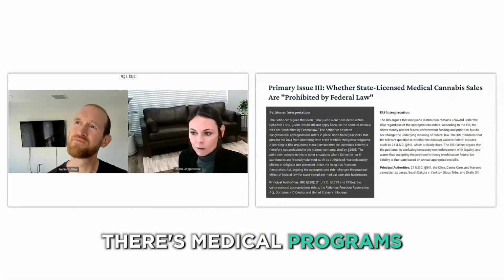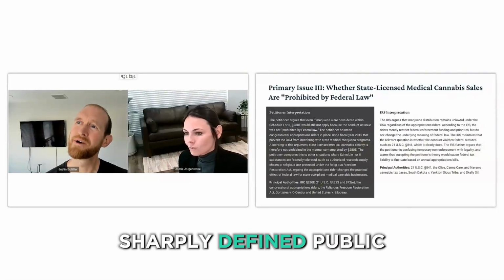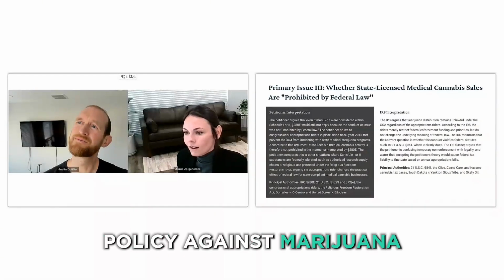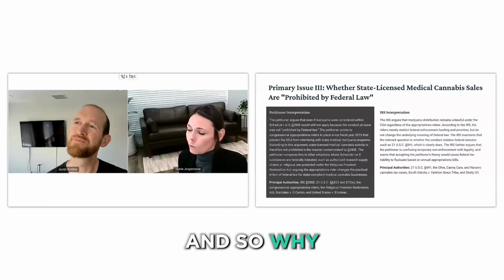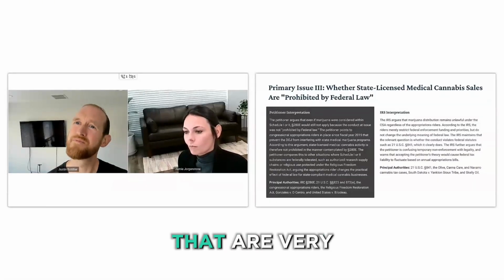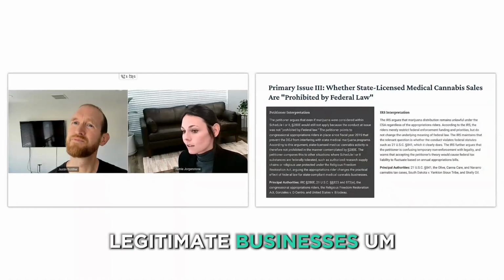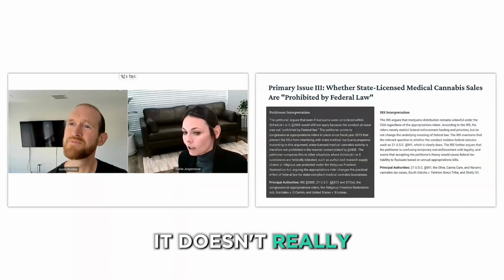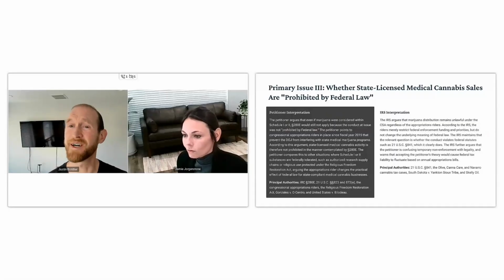There's medical programs, there's recreational programs, and there's not a sharply defined public policy against marijuana any longer. So that really was the intent of 280E. Why is it still being applied to these state legal markets that are very tightly regulated and are really legitimate businesses? It doesn't really necessarily make sense anymore. So, back to you.